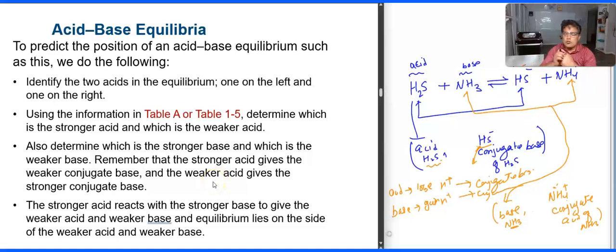Remember that a stronger acid gives you the weaker conjugate base, and a stronger base gives you the weaker conjugate acid. The stronger acid reacts with the stronger base to give the weaker acid and weaker base, and the equilibrium lies on the side of the weaker acid and the weaker base.